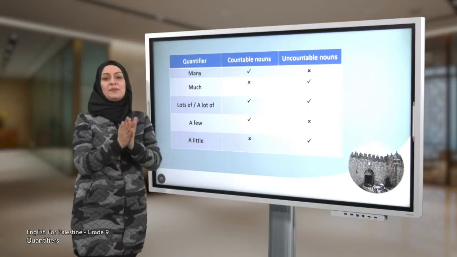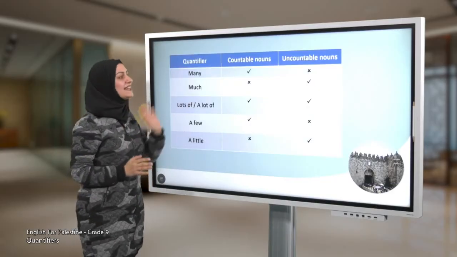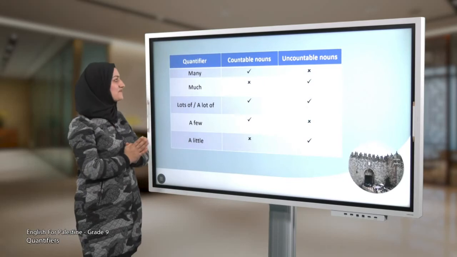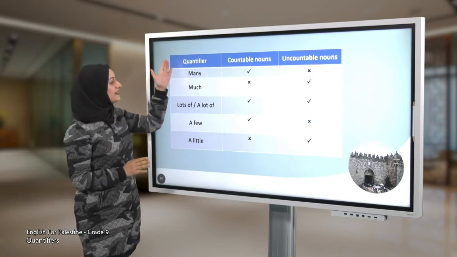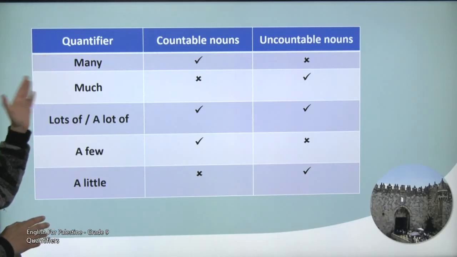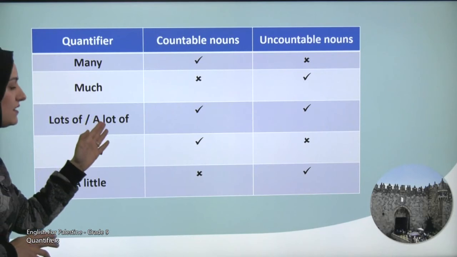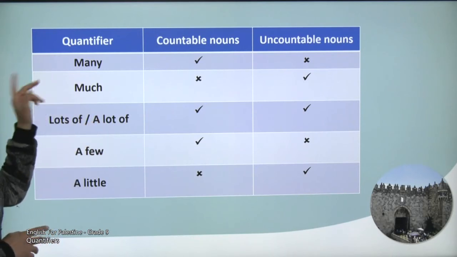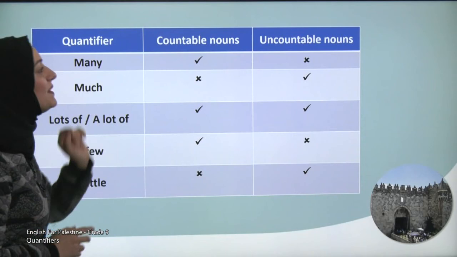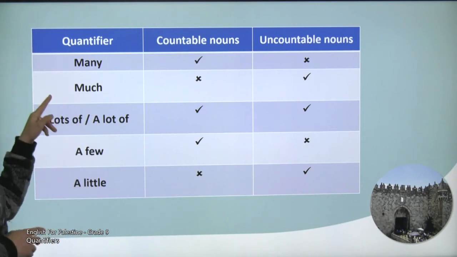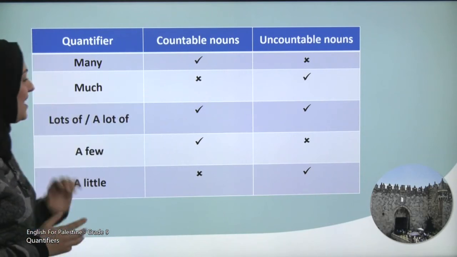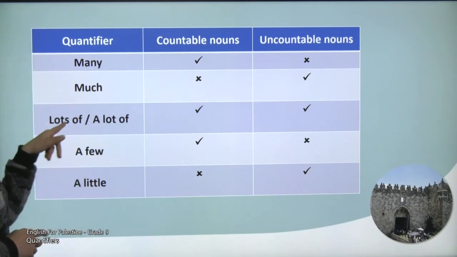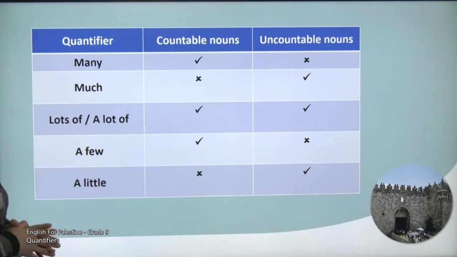Now let's make a summary together. Let's look at this simple table. We have the quantifiers, many, much, lots of and a lot of, a few and a little. Many is used with countable nouns. Much is used with uncountable nouns. Lots and a lot of are very easy.